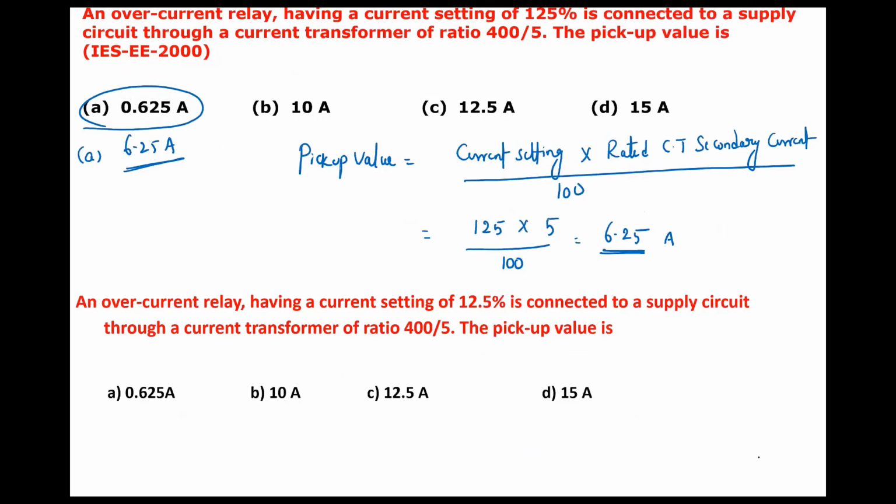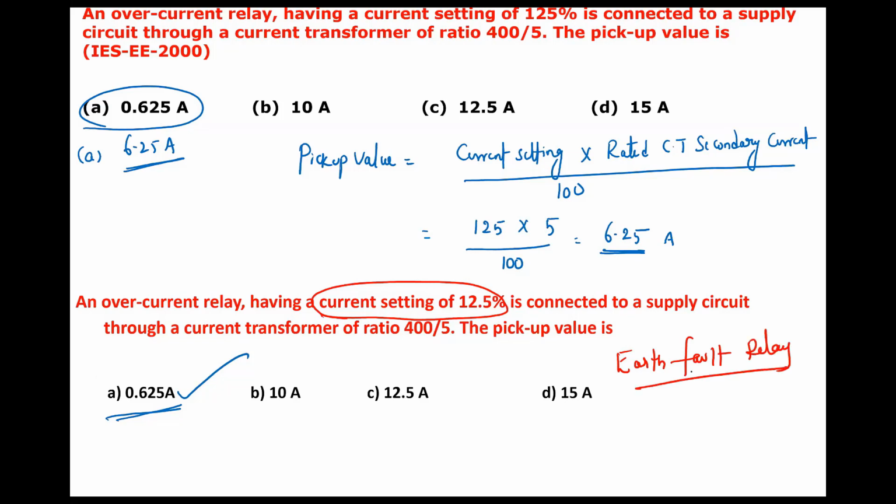Okay. Now tell me for this one. An overcurrent relay has a setting of 12.5%. What is the pickup value? 0.625 ampere, option A. So if someone asks what can be this type of relay, since its current setting is below 50, it should be an earth fault relay, because for earth fault relays we have very low settings.